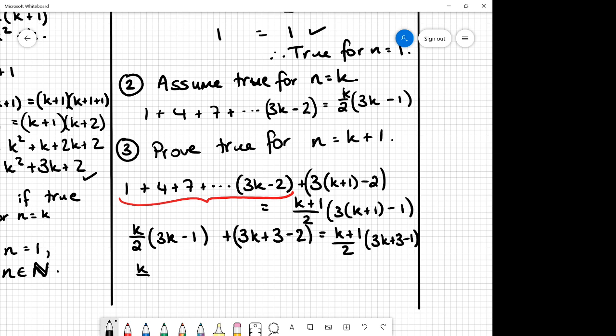And so here we've got k over 2 by 3k minus 1 plus 3k minus 1 is equal to k plus 1 over 2 by 3k plus 2.